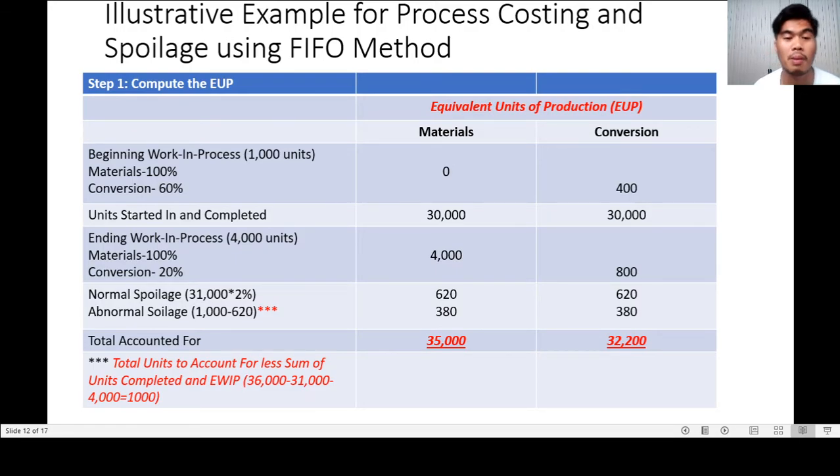The same lang. So ika-carry over lang natin 620, 620, 380, 380. So yung total EUP of materials is nasa 35,000 units while the conversion is nasa 32,200 units. Again, walang pinagkaiba in computing the normal spoilage and abnormal spoilage units sa dalawang method. Pareho lang.